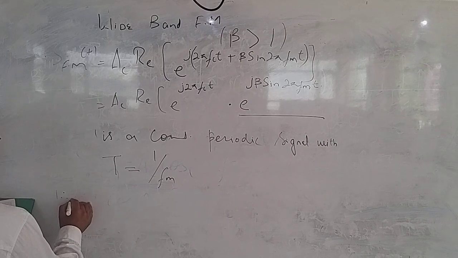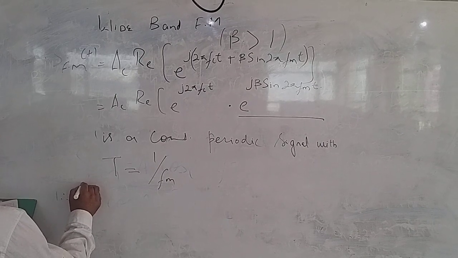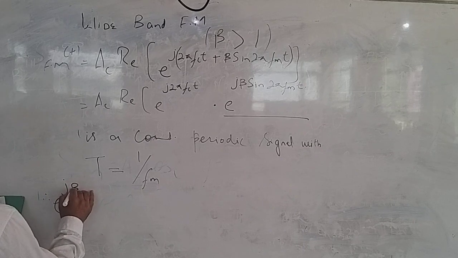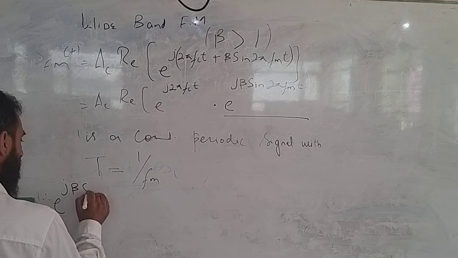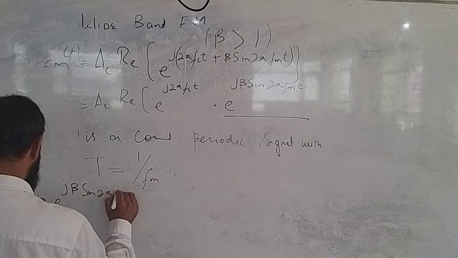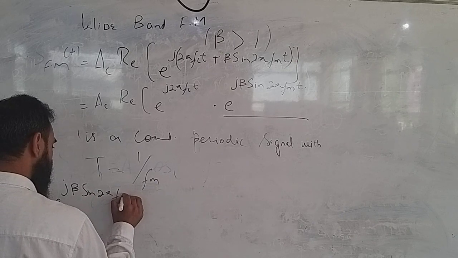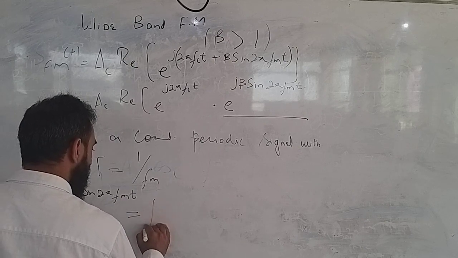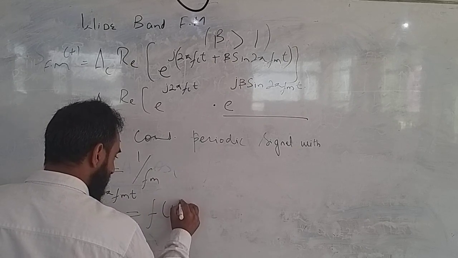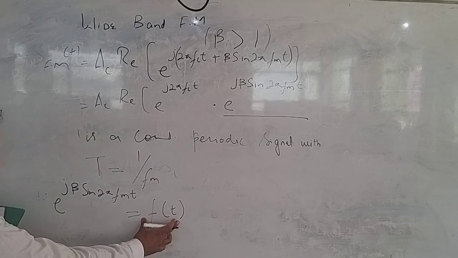Therefore, e raised to j beta sine of 2 pi Fm t will generate a Fourier series given by F of t.